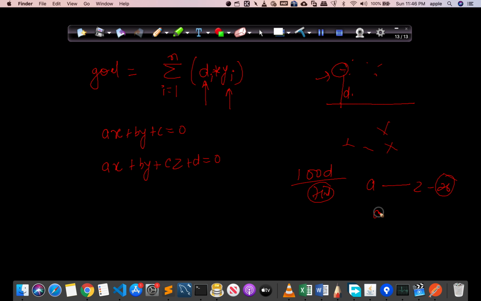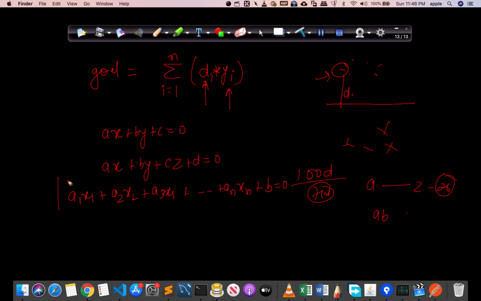So what will we do? We will start with AB. So this is not a good way. So what we do is use this: a1 x1 plus a2 x2 plus a3 x3 and so on until an xn, plus b equals 0.